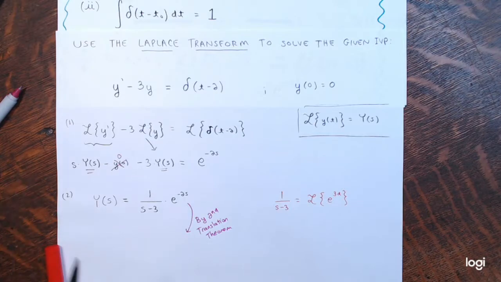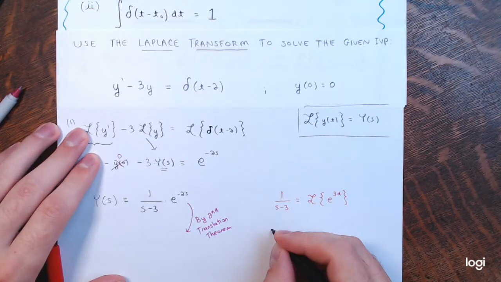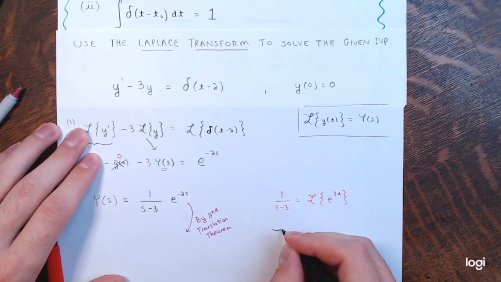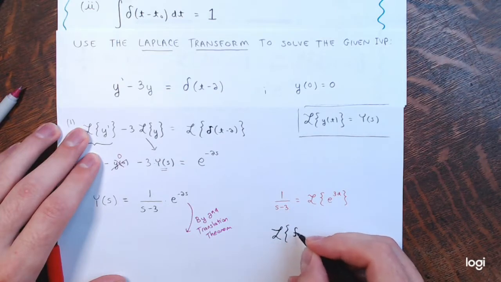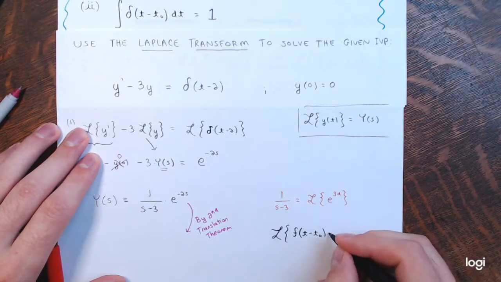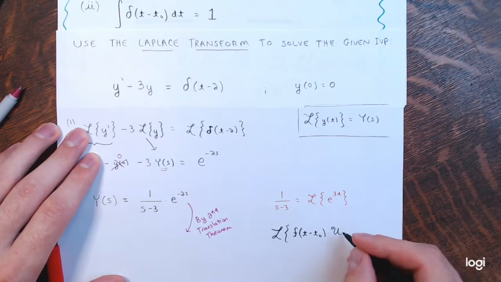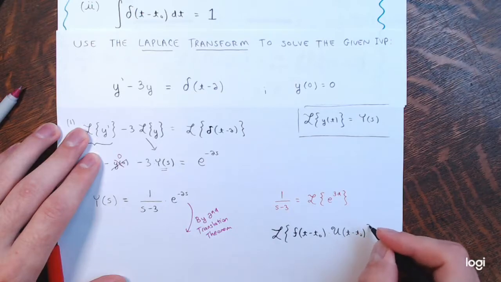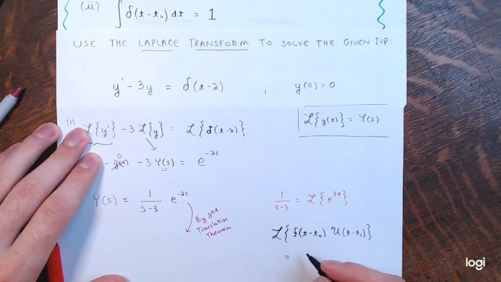So, again, hopefully you recall this, that the Laplace transform of f of t minus t0, I'll use t0 just to stick with what we had earlier, times the unit step function at t minus t0, was equal to e to the negative t0 s times F of s, where F of s equals the Laplace transform of little f of just t.